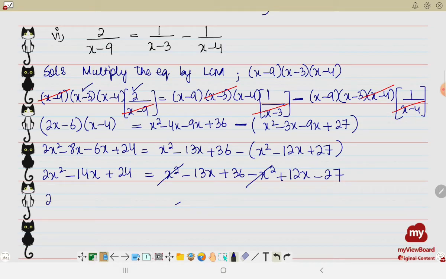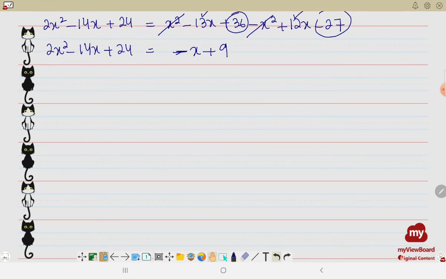Now 2x square minus 14x plus 24, and here we are having this term and this term, so when you add the two terms, minus 13 plus 12 becomes minus x, right? And these two are constant terms. 36 minus 27 becomes 9, so it will become plus 9, right? Let's solve it further.